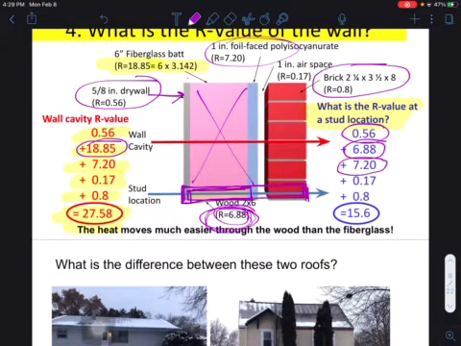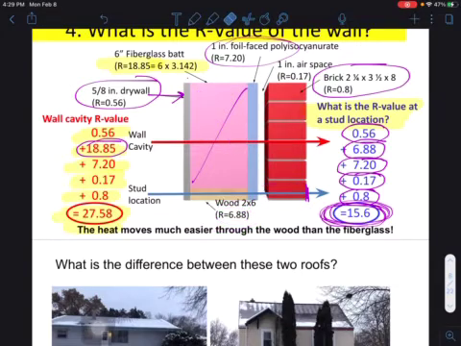We have 7.2 for the foil, the blue. We have 0.17 for the airspace, and we have 0.8 for the red brick. You add them all up, and we get the R value at the stud location is 15.6. Quite a difference between these two.